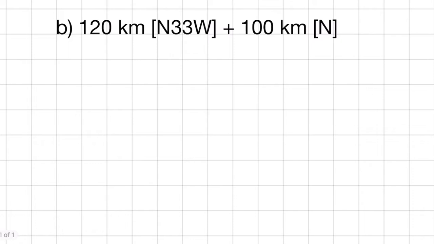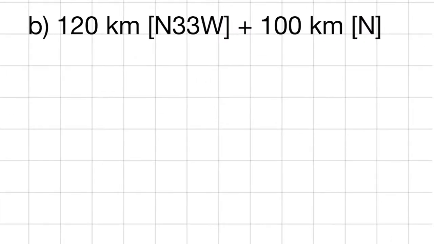And I will start doing these a little bit faster now, just because we're starting to get the idea of it. So there's going to be one more important step that we have to do with this question, and that is, notice that we are given the coordinates, or the vector, north 33 west.